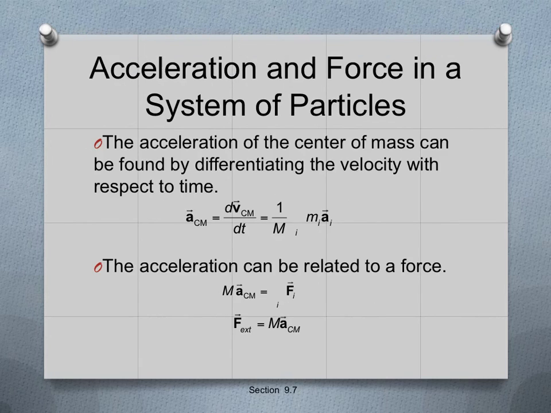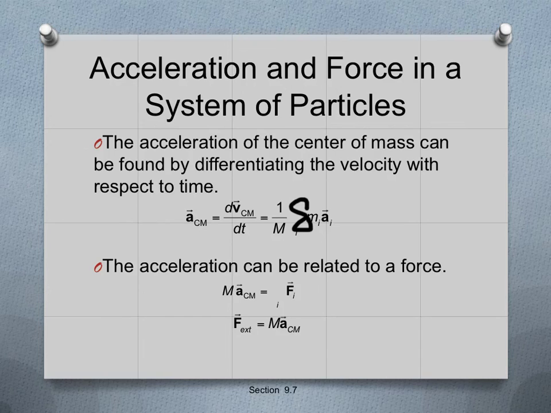Guys, again, we can find the acceleration of the center of mass, and that's just differentiating velocity with respect to time. So I can take my derivative of the velocity of the center of mass over time, and that's also just equal to 1 over the total mass times the sum of the masses times those individual accelerations of those masses. We can also relate this center of mass acceleration to force.